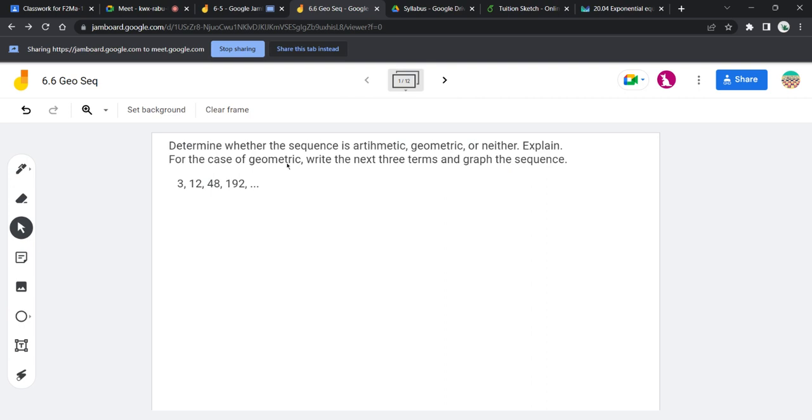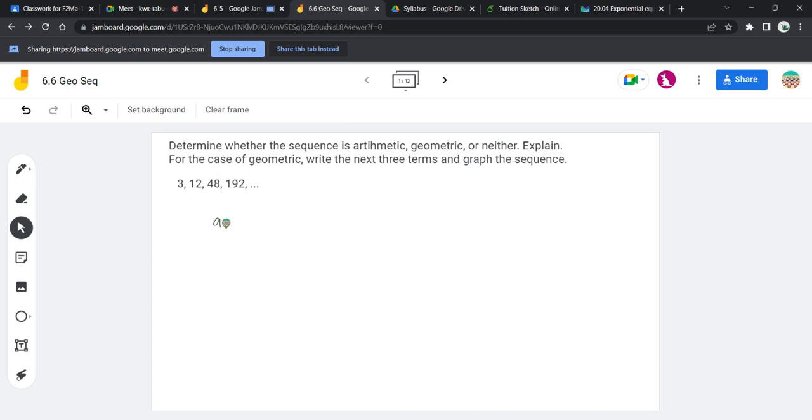Okay, so a geometric sequence is, let's see. So a geometric sequence is some sort of, like we have a number. Let's say we have a number a.